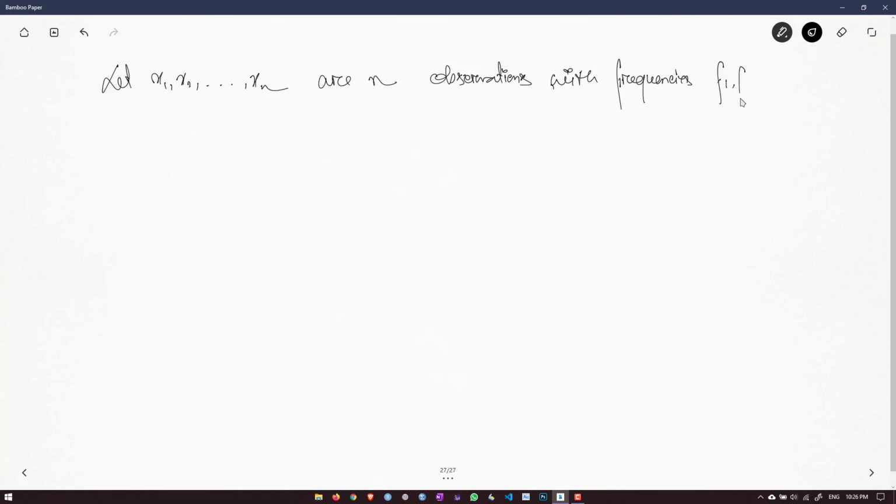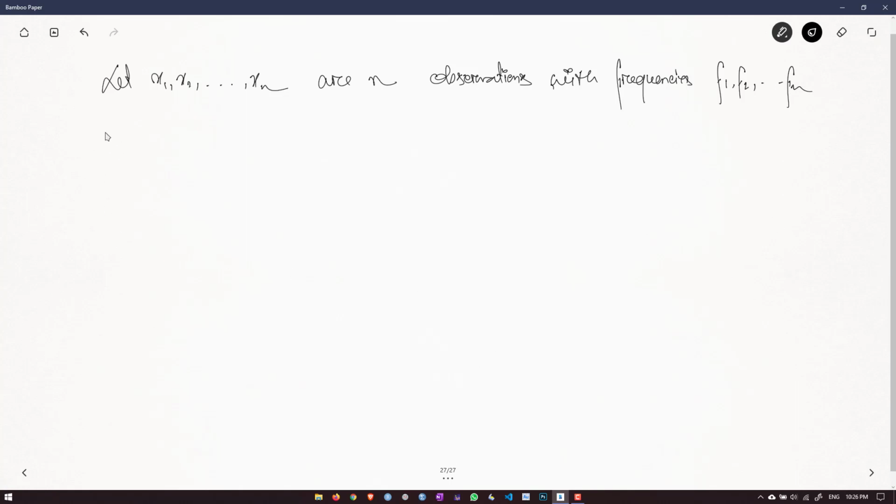Now let's see what happens if you have grouped data. That means you have values and their corresponding frequencies, right? Let x1, x2 up to xn be n observations with frequencies f1, f2 up to fn, right?